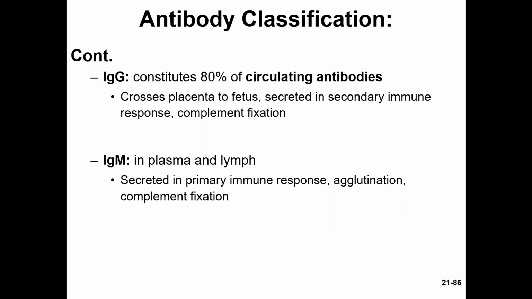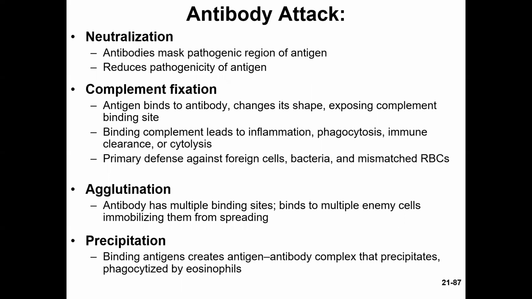So we're just going to continue. There's an IgG antibody. This constitutes 80% of circulating antibodies. It crosses the placenta to the fetus. It's secreted in secondary immune response and complement formation. IgM is found in the plasma and lymph and is secreted in primary immune response, agglutination, and complement fixation. So let's talk about the antibody attack.